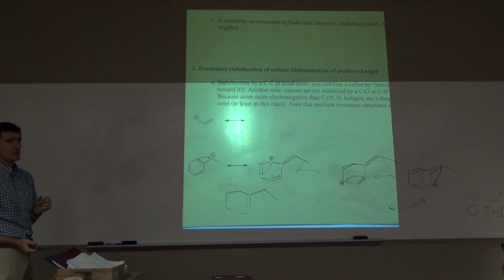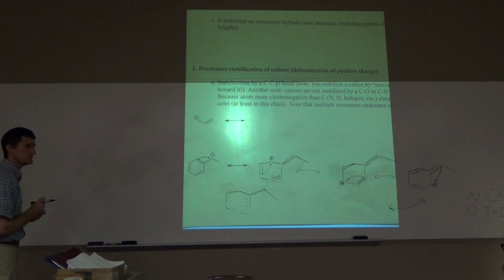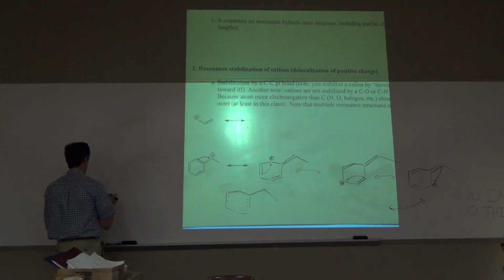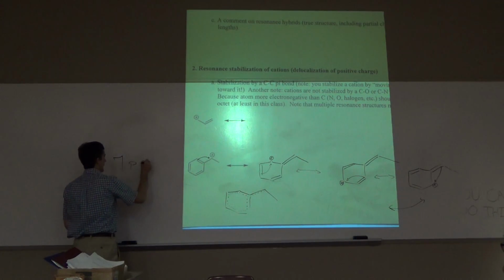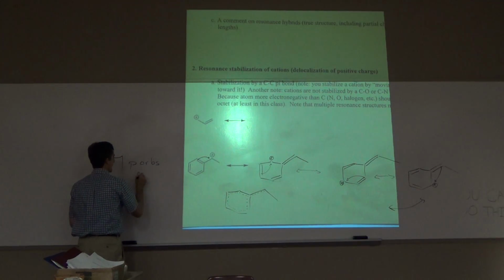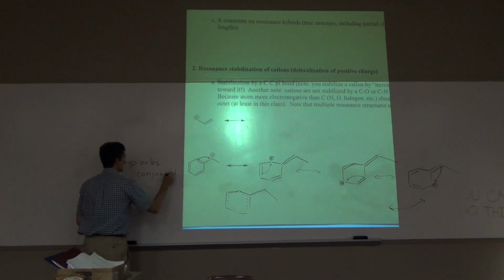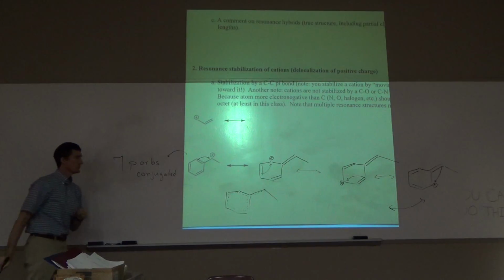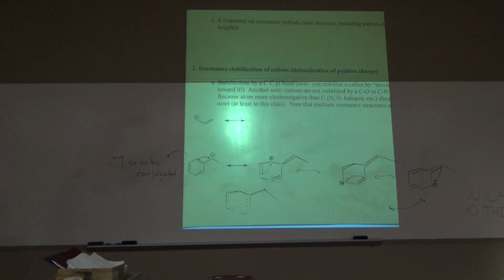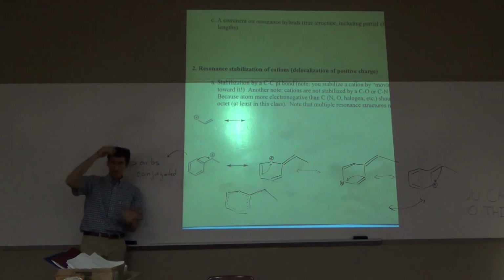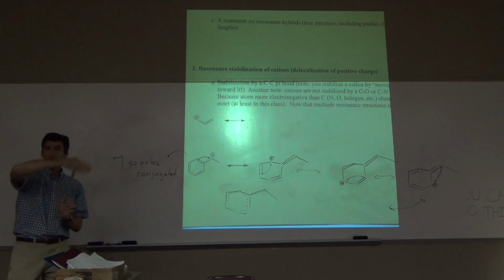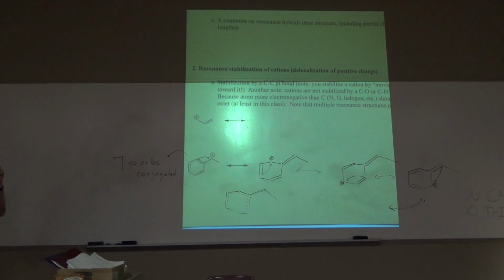How many p orbitals are overlapping in this pi system? 7. 7 p orbitals conjugate. Okay, there's 6 here. If you drew them all, you would have 6 and 1, and you could show them all standing like toy soldiers.